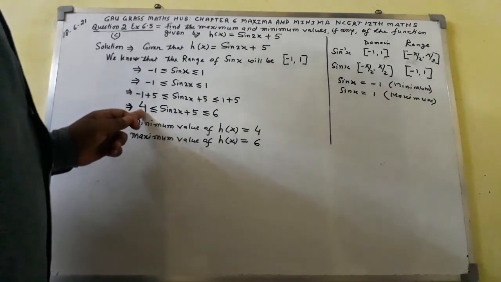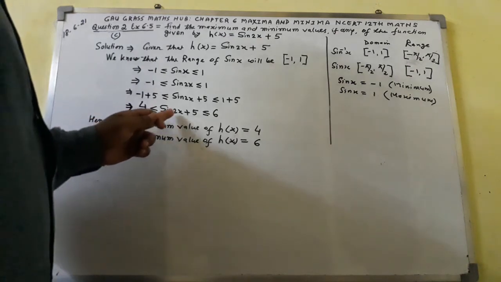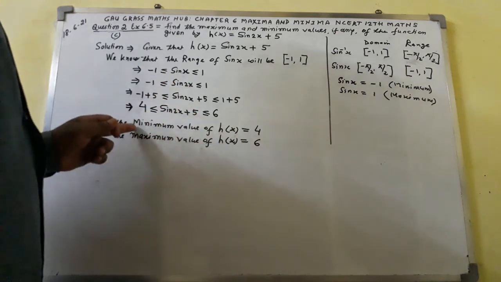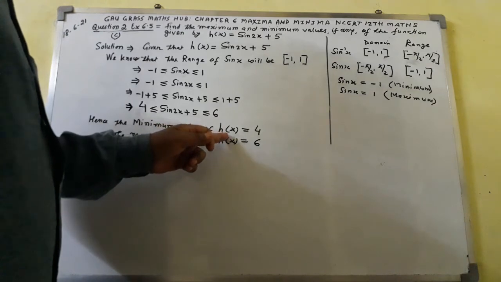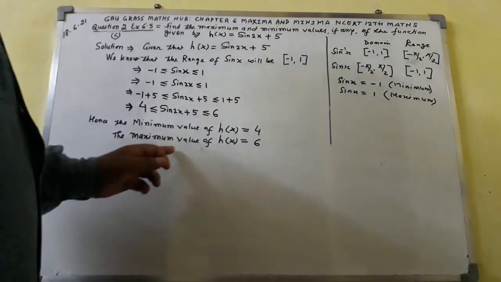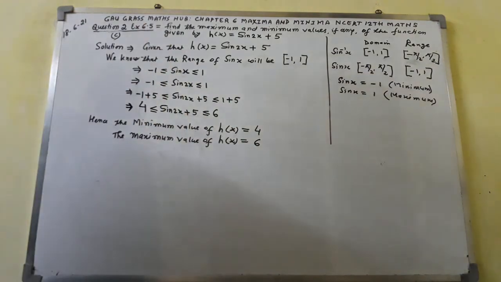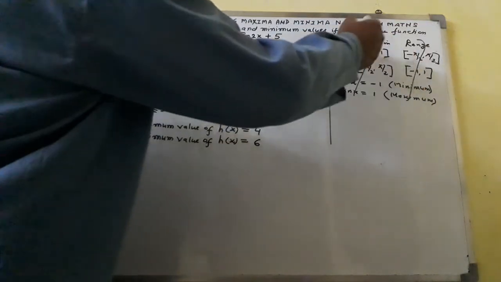Here 4 is less than or equal to sin 2x plus 5, hence the minimum value of h of x will be 4 and the maximum value of h of x will be 6. In this way, this question has been solved.